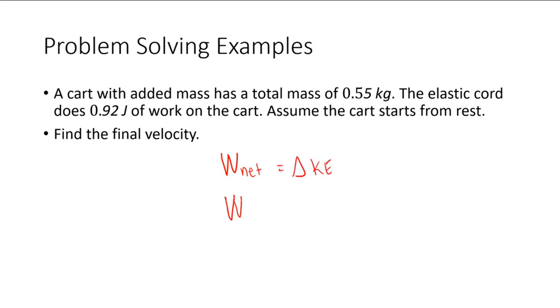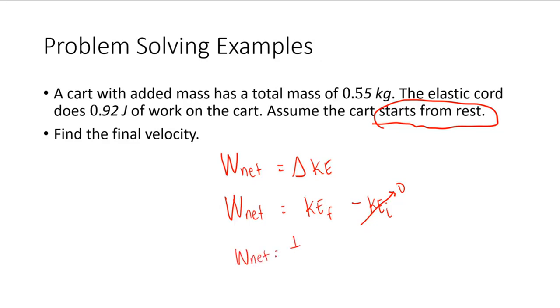So net work would be equal to the final kinetic energy minus the initial kinetic energy. But please take note that the cart starts from rest. So that means that your initial kinetic energy is equal to 0. Okay? So your net work would be equal to 1/2 multiplied by the mass of the cart multiplied by your final velocity squared.